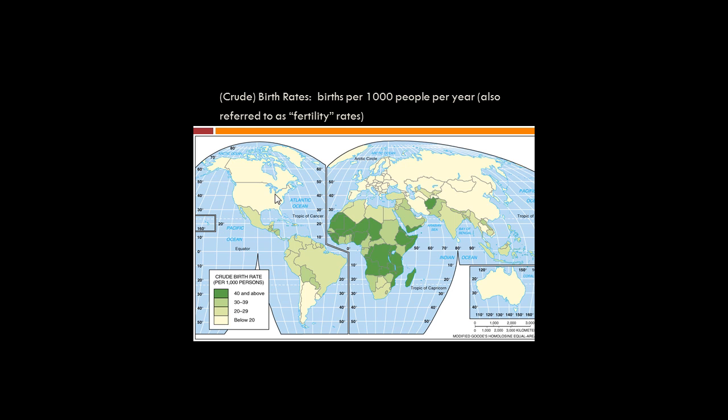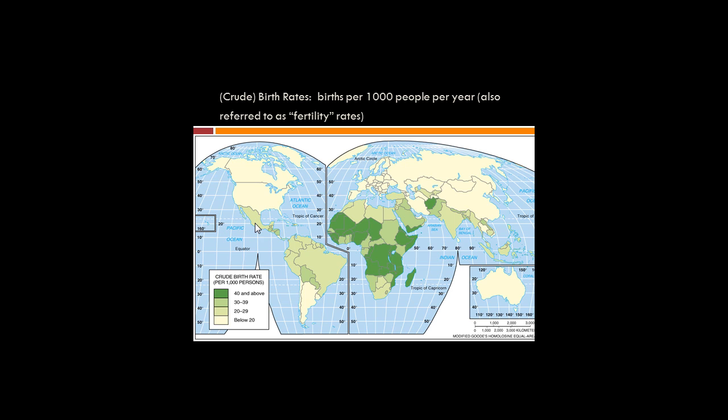The United States and Canada, both clearly in stage 4 of the demographic transition. Other states in the Americas that are likely in stage 4 would include Argentina and Chile, because they both have a very low crude birth rate.